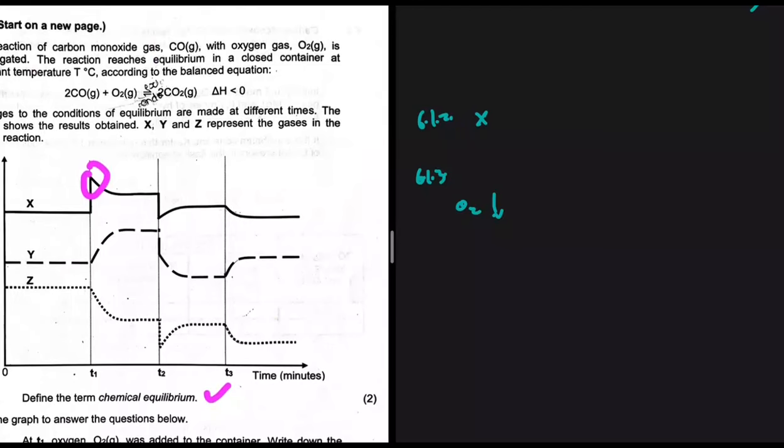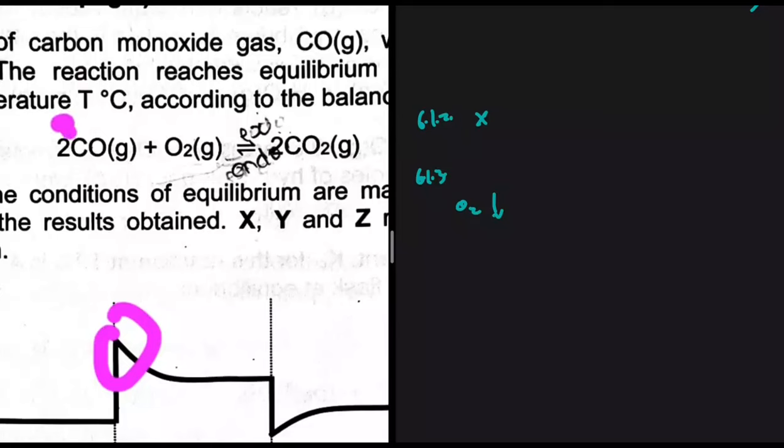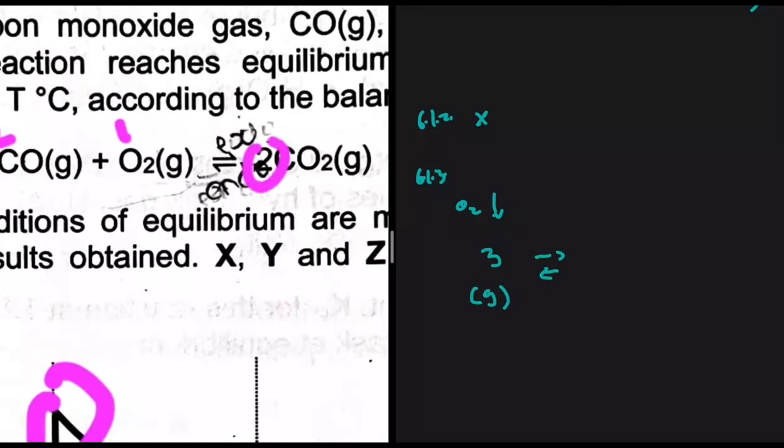So let's take a look at our reaction. On the right hand side, we have 2 plus 1 moles of oxygen, so we have 3 moles on the right hand side, and then on the left hand side we have 2.